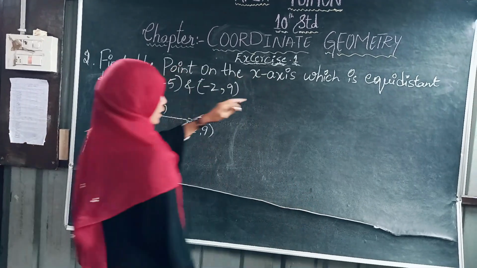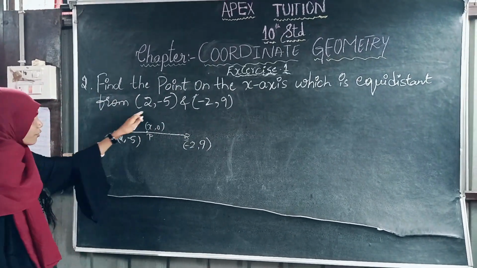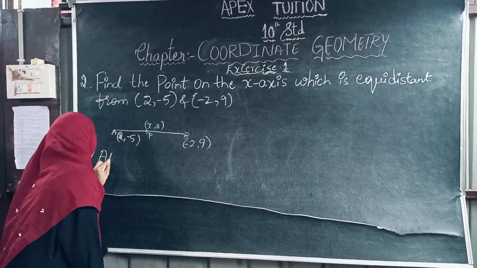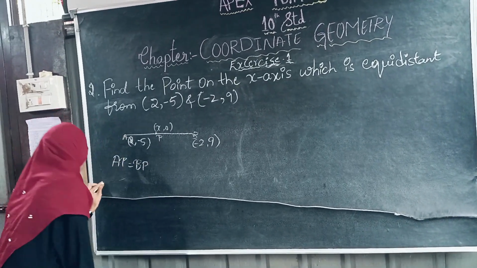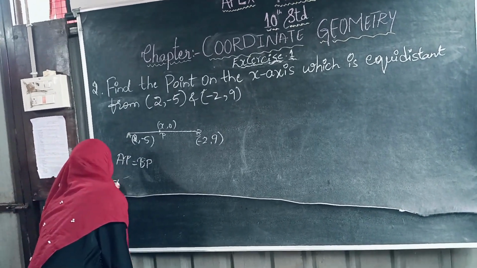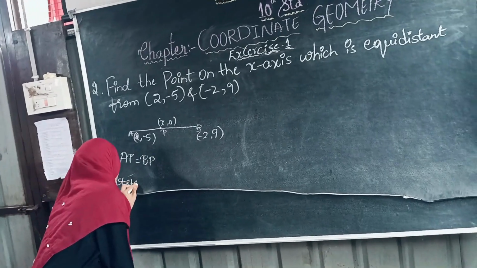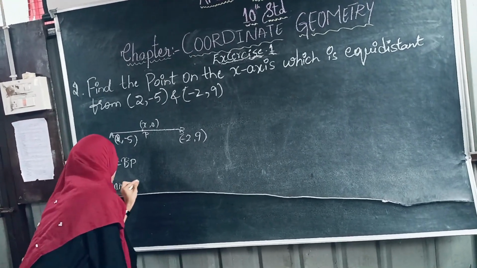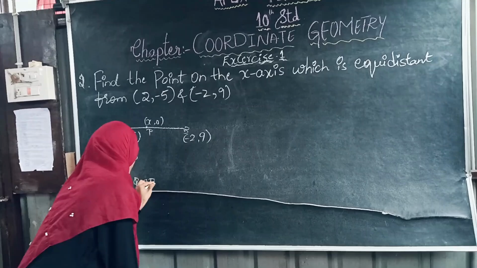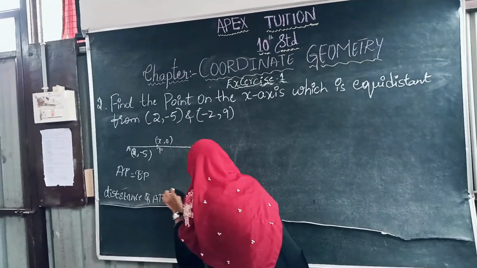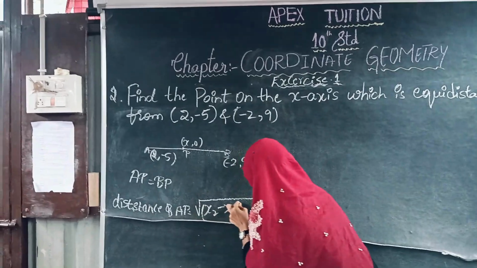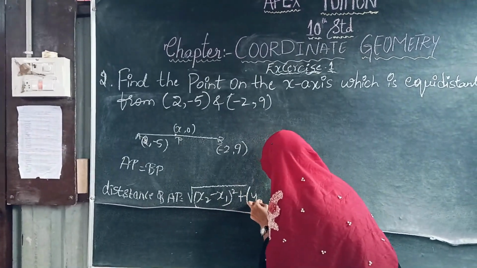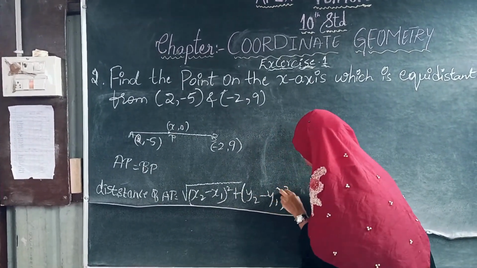In this question they have said equidistant from A and B, which means AP is equal to BP. The distance AP is equal to root of (x2 minus x1) whole square plus (y2 minus y1) whole square.